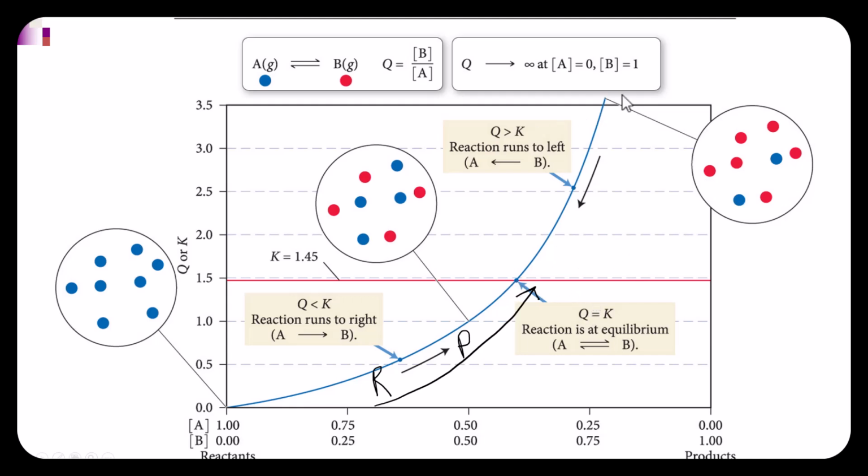Now, when we are up here, Q is greater than K. We are above that line. Q is greater than K. So we've gone past it, right? We've flown past it.